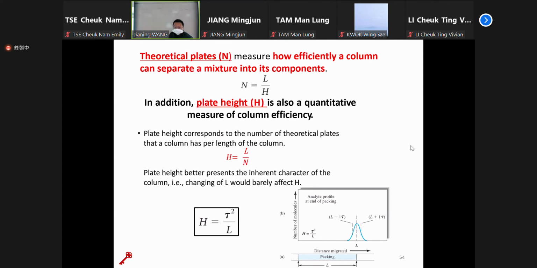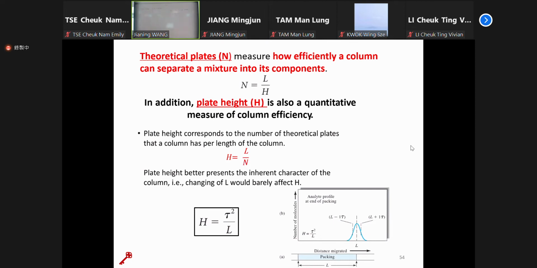So the concept of plate height and plate number has a geometrical meaning, right? It occupies some certain space when we consider the distribution tower or the Craig apparatus.